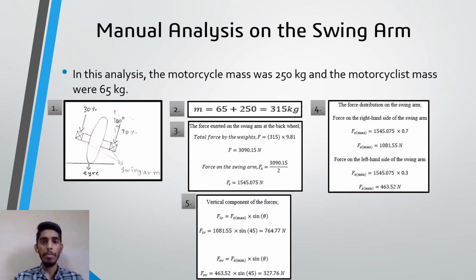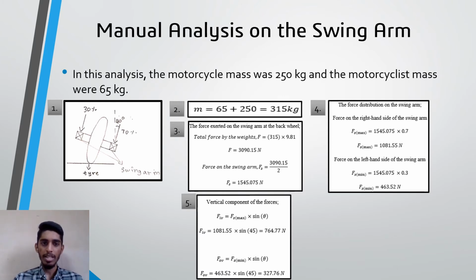Okay, so this is the manual analysis that we did on the swing arm. In this analysis, the two forces that will be applied on the swing arm are the motorcycle's weight and the motorcyclist's weight, which are 250 and 65 kilograms respectively. In the first picture, there is the weight distribution on the swing arm by the motorcycle and motorcyclist weight.